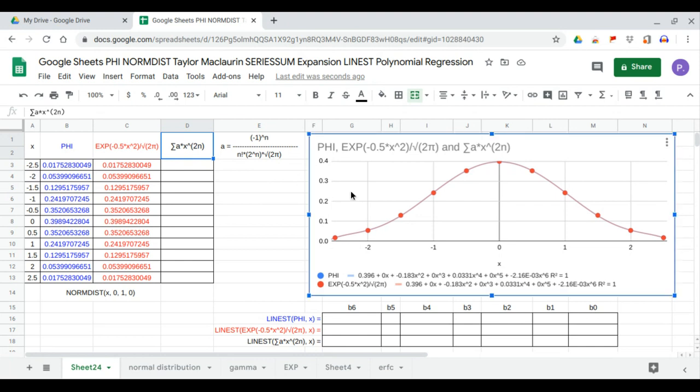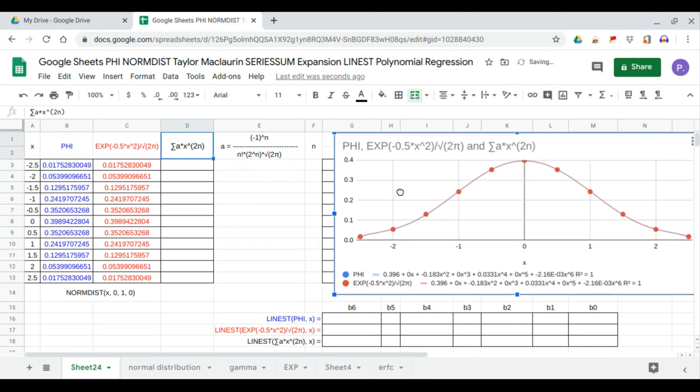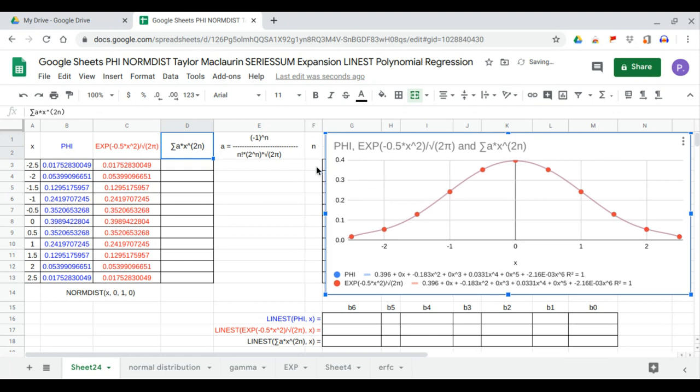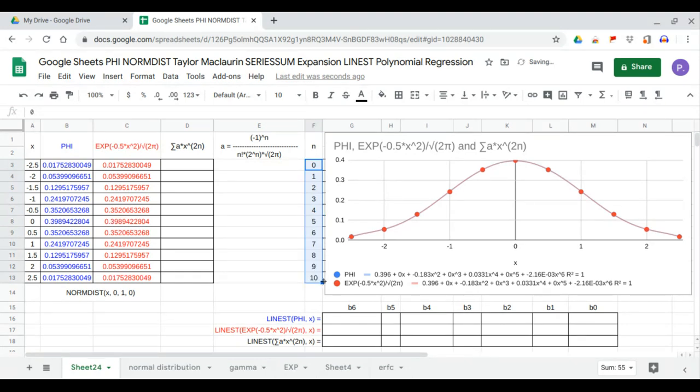The n values range from 1 to infinity. So we start with the n values 0, 1, 2, 3, 4, but in this case we're limited to our dataset range, which is still good enough.